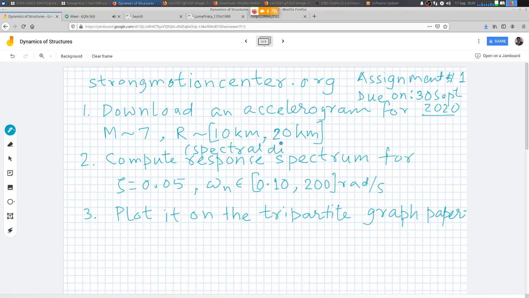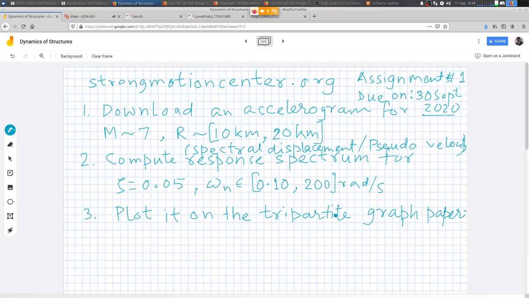Spectral displacement, or if you know spectral displacement, you can also find pseudo velocity, because you will need pseudo velocity to plot it on the tripartite. You can only plot pseudo velocity, and then plot it on the tripartite graph paper.